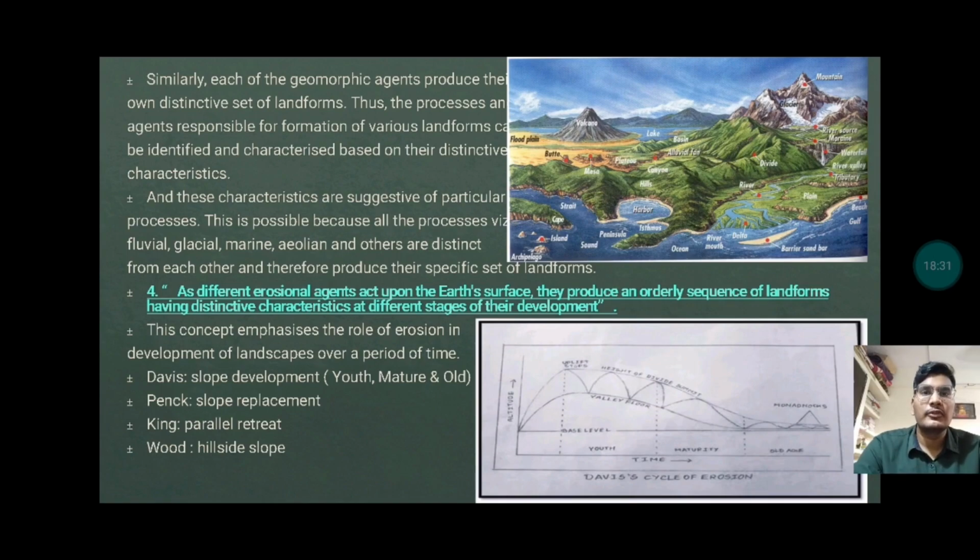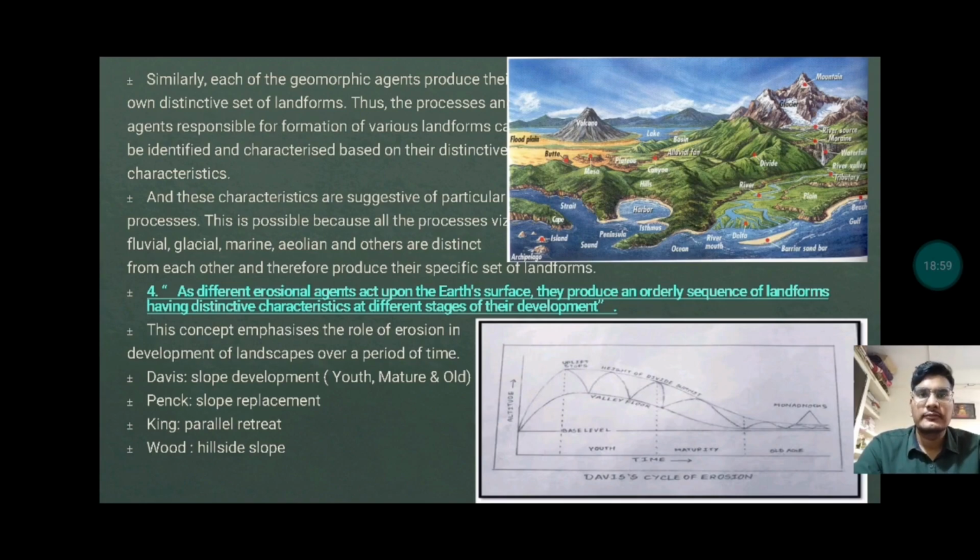The second phase is known as the mature phase. In the mature phase, it actually creates the features which are essential for valley widening, or for the creation of U-shaped features. So the features in the mature cycle are meanders, interlocking spurs, as well as oxbow lakes.